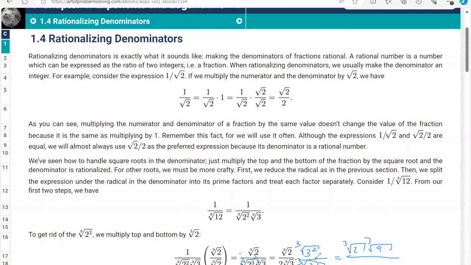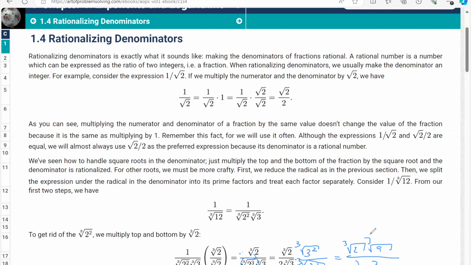In the bottom, we have 2 times third root of 27. 9 times 3 is 27. Aha, this becomes 3. So I can erase this part and write 3 instead.